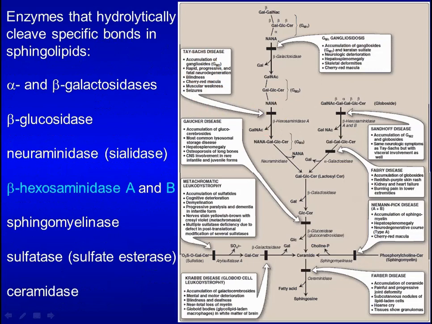Deficiency of beta subunits affects both beta-hexosaminidase A and B. This causes Sandhoff's disease. Enzyme deficiency and the related disease are summarized in this picture.